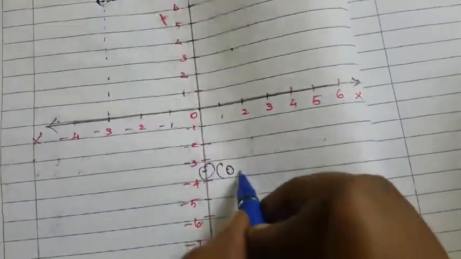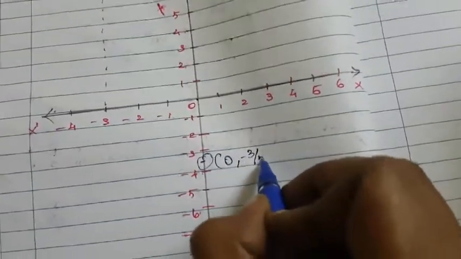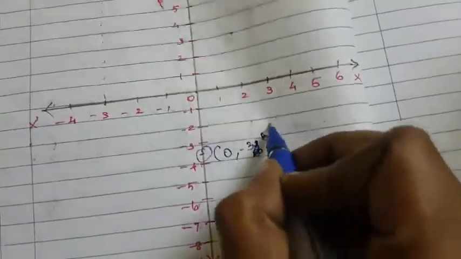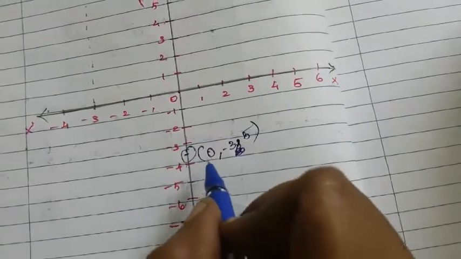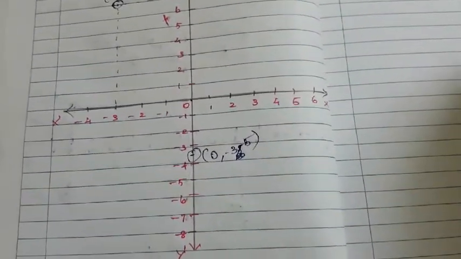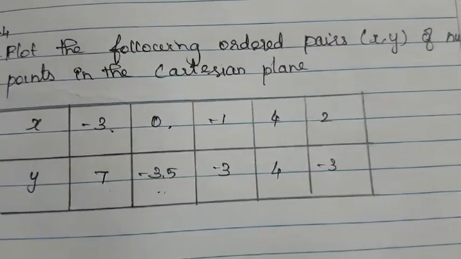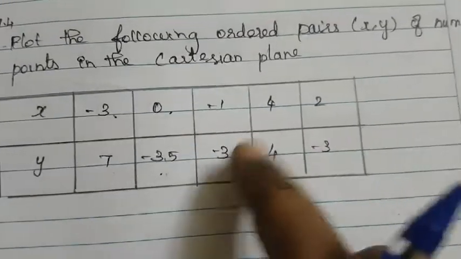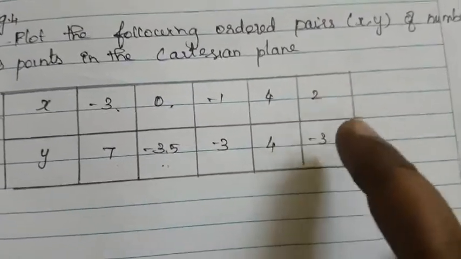So what is this point? (0, -3.5). Not 3 by 5, it is 3.5. Okay, so let's see the next points. The next coordinates are (-1, -3), (4, 4), and (2, -3).